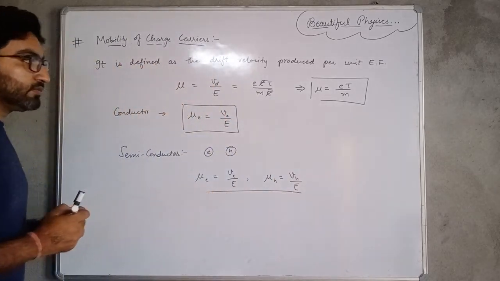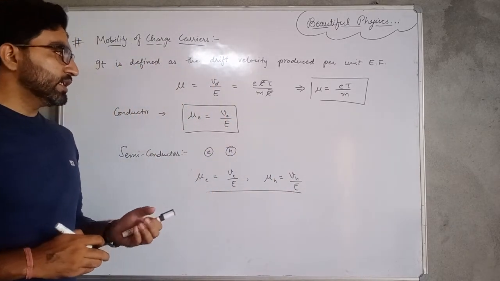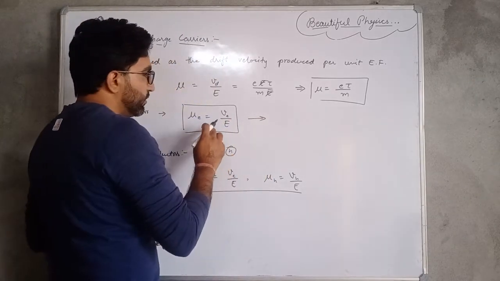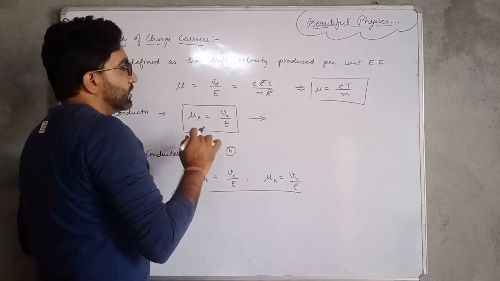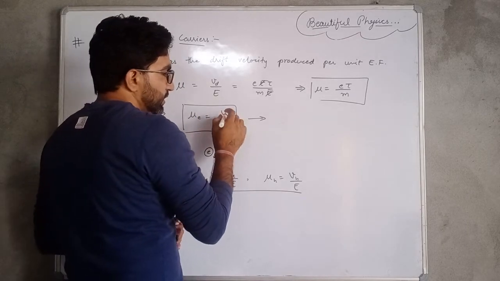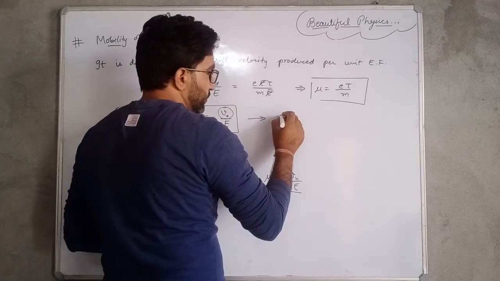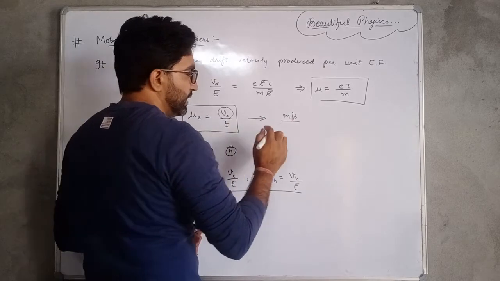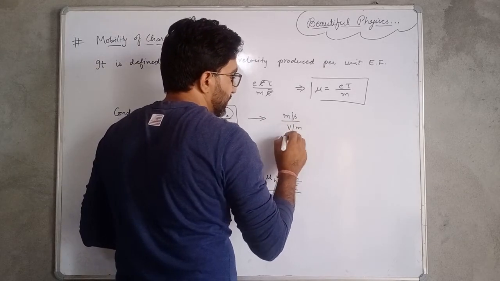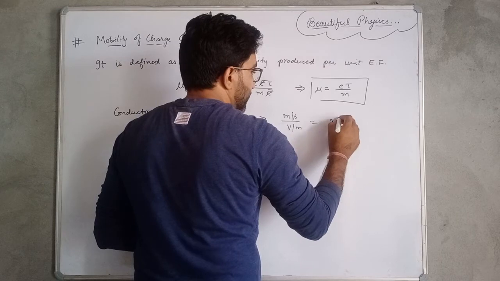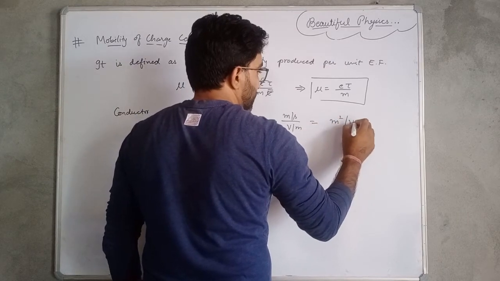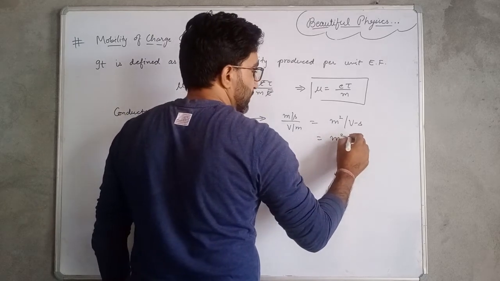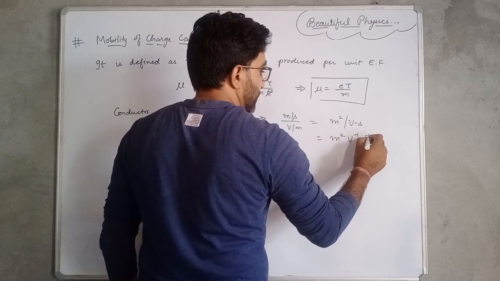Okay. If we have to write the SI unit for the mobility of charge carriers, from this relation we can find it out. For velocity, the SI unit is meter per second, and for electric field it is volt per meter. So it will be meter square per volt per second.